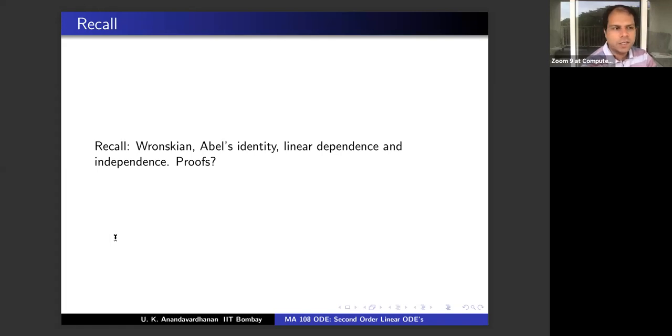You take its derivative, and the derivative will have numerator Wronskian, which is identically zero because it is zero at some point. So the derivative of g by f is zero, so g by f is a constant. And then if the constant is k, you consider the function g minus kf, analyze that, use the existence uniqueness theorem, and conclude that g equals kf throughout your interval. So g and f are linearly dependent. This was the quick proof.